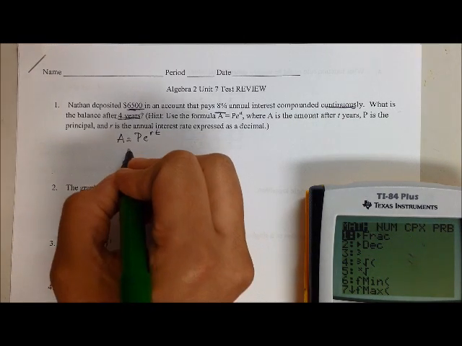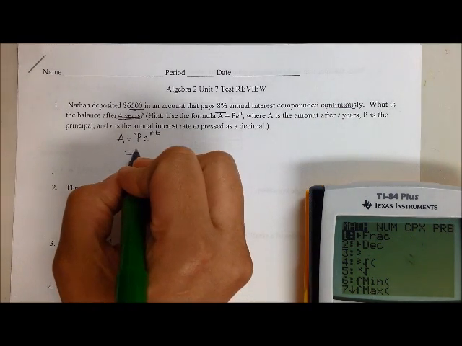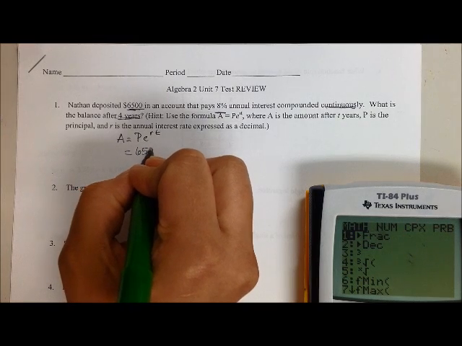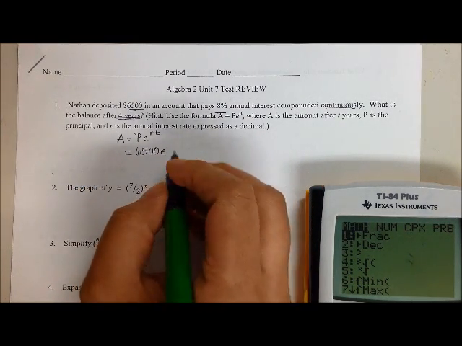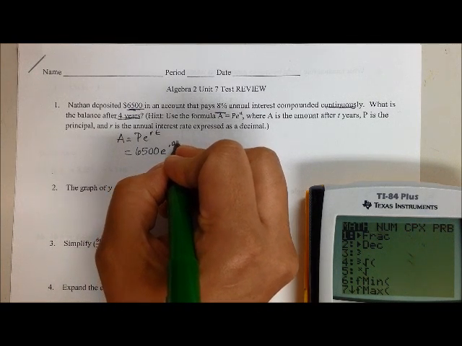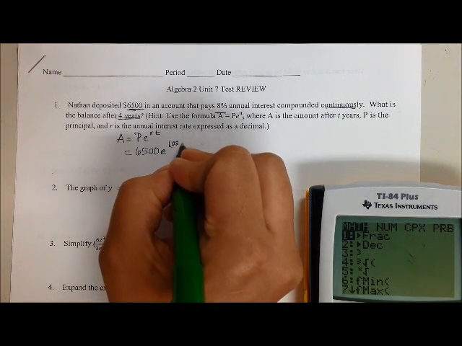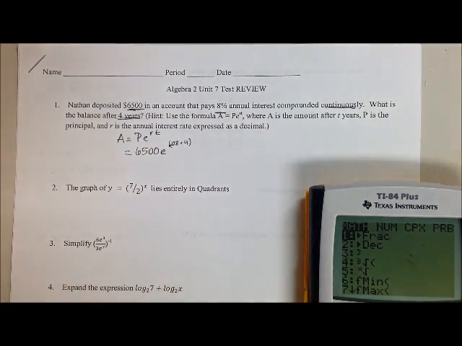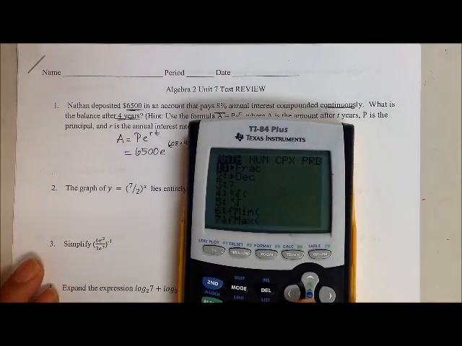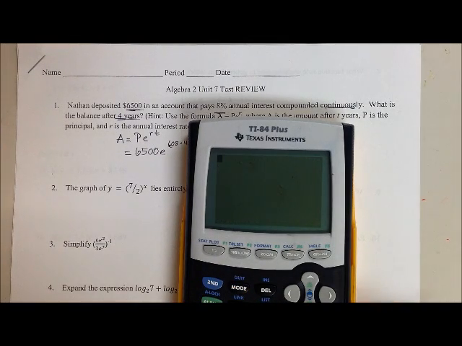So P is the principal. That means how much money he's investing, which is $6,500. The e is a constant. It stays there. The rate as a decimal, so that would be 0.08, times the number of years, which is 4. So you would take your calculator and enter 6,500, the e, 0.08 times the 4.